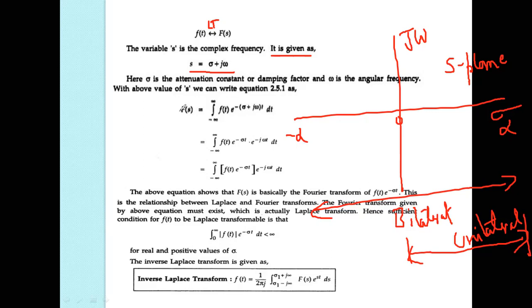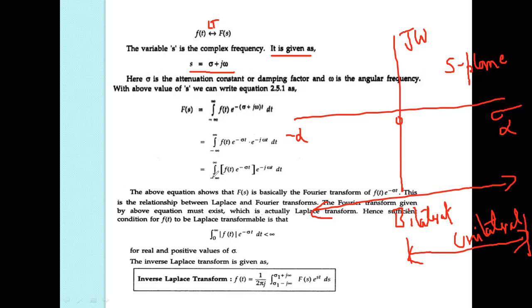Alright. Now I can substitute in the definition of the Laplace transformation: f of s is equal to the integral from minus infinity to infinity of f of t e power minus, sigma plus j omega, into t dt. Expand this e power minus into two terms: e power minus sigma t, e power minus j omega t dt. Got it, my students?